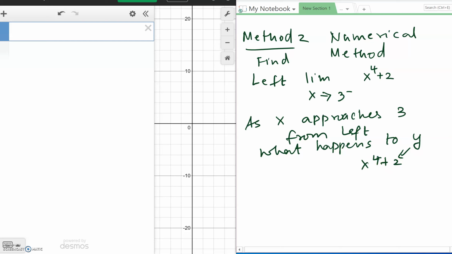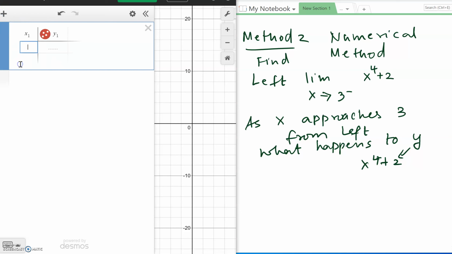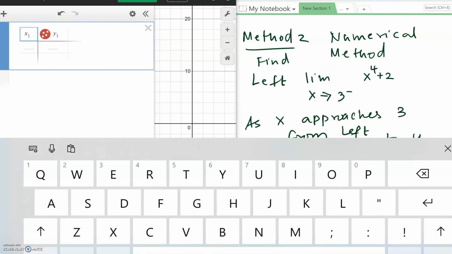We're going to use the graphing calculator. I'm going to open up the table, and we're going to use x, and then put the y value, which is the f of x value, x power 4.